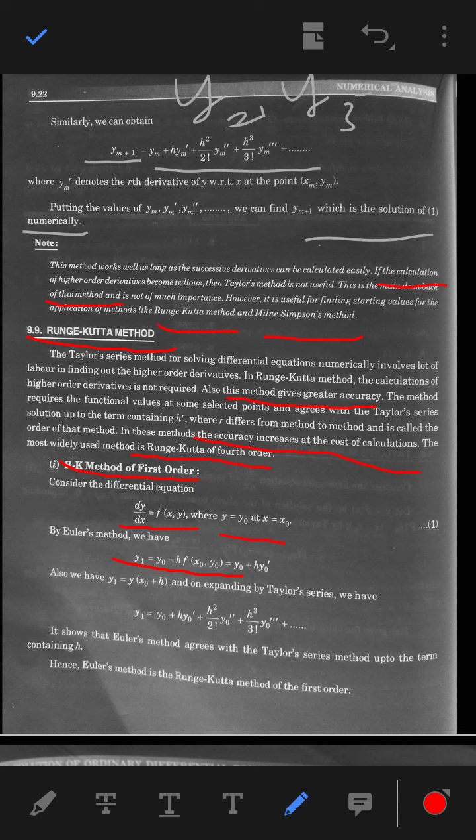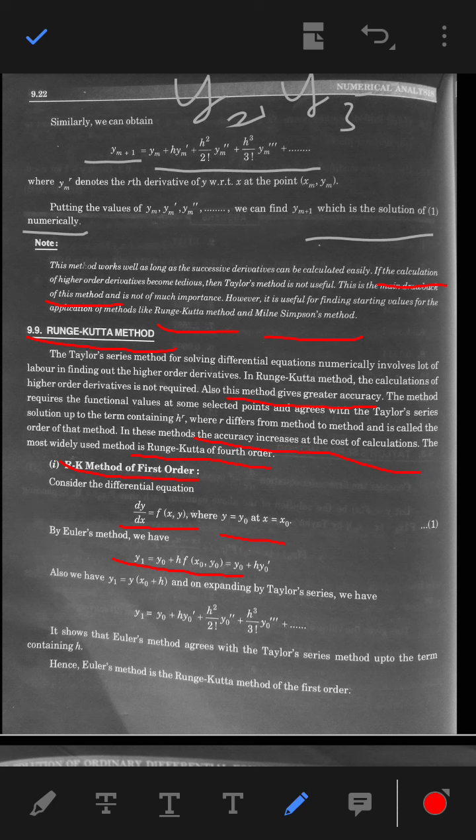So we have replaced f of x0, y0 simply by y0 dash. Now we have y1 is equal to y at x0 plus h, because x1 will be x0 plus h.